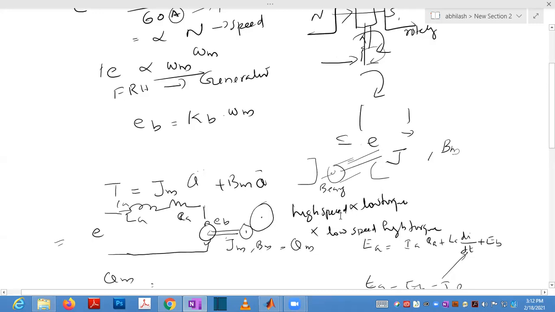In motor vehicles, so many gear ratios are used to convert an engine speed of around 1500 rpm into speed ranges of 0 to 120 or 140 from first to fifth gear. So gear trains are used, and the requirement is high speed low torque into low speed high torque.